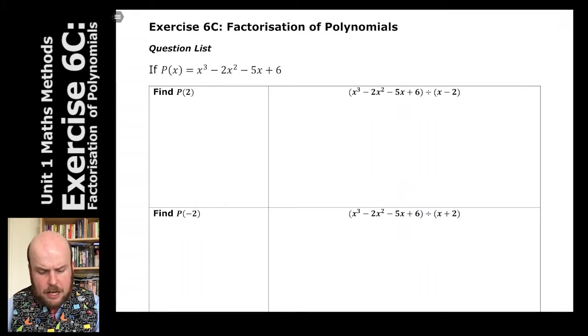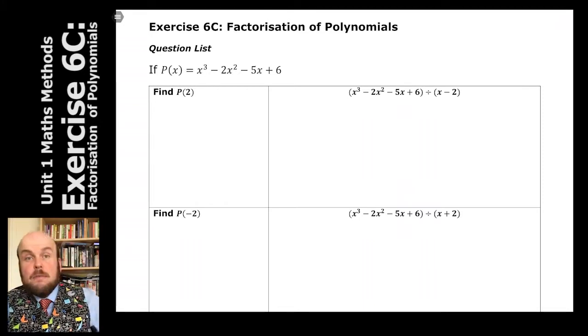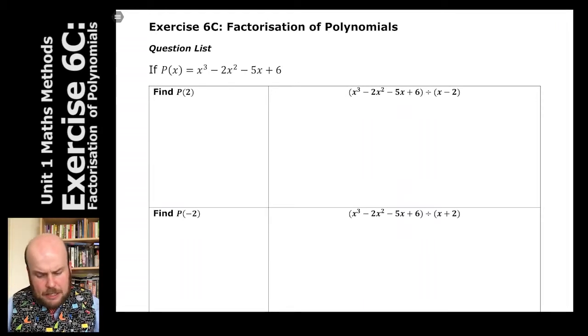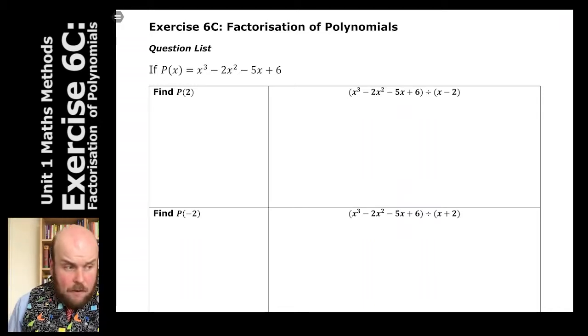Here I've got a polynomial that says x cubed minus 2x squared minus 5x plus 6. Eventually, I'm going to have to factorize it, but first and foremost, I've asked some seemingly random questions here. I'm going to do the left-hand column first. I need to find p of 2.